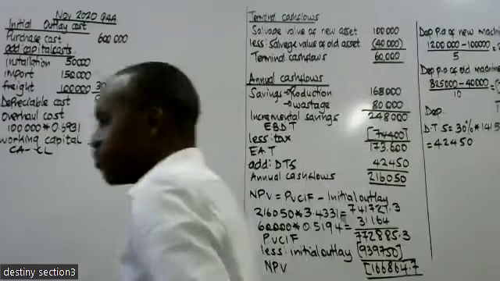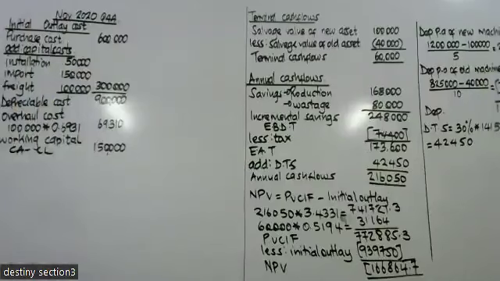Did you have any disposal proceeds of old assets? Disposal proceeds of old asset umeona ni ngapi? 100? 200.